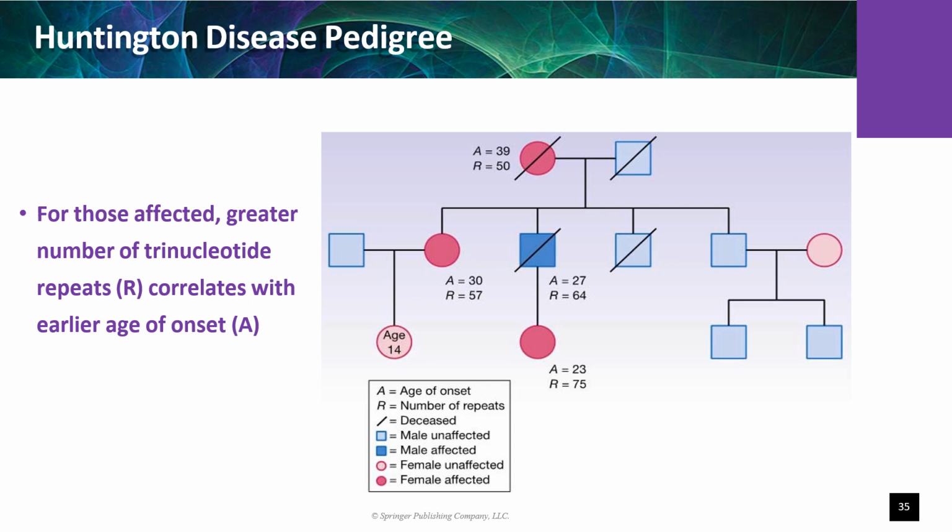The daughter had an onset at 30 years of age and 57 repeats. The granddaughter had an onset at 23 years of age with 75 repeats. This is known as genetic anticipation, with the increase in repeats and the decrease in the age of onset.